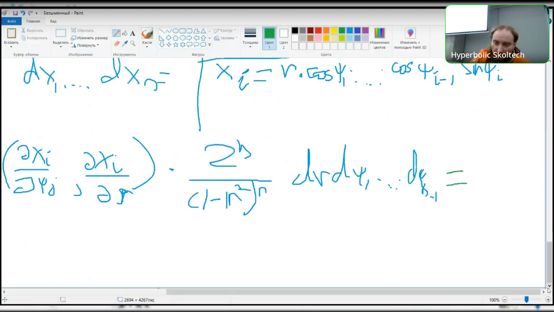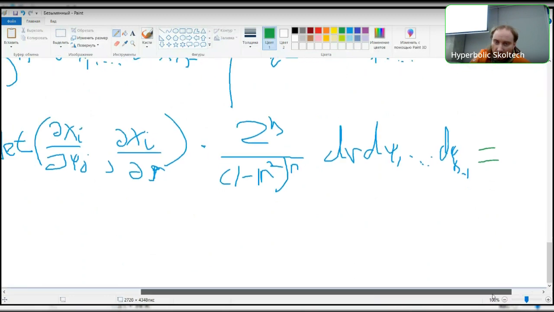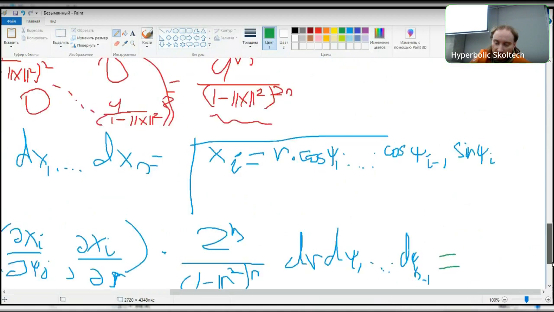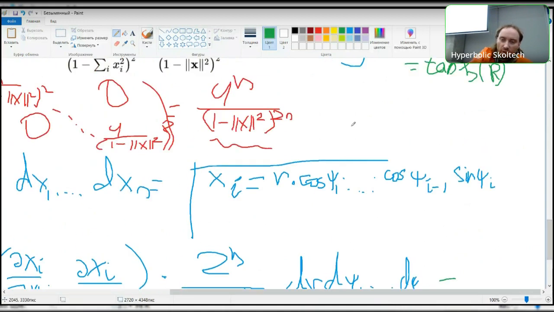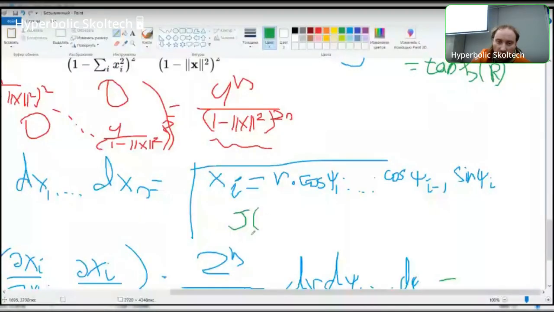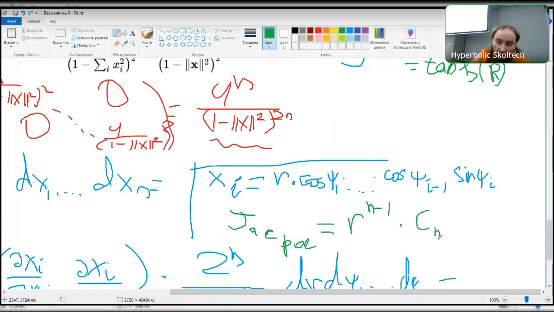Some interesting integral here. Actually, for polar coordinates, we have a Jacobian. So this Jacobian is somewhat like r to the power n minus 1 multiplied by some function of the psi i's.